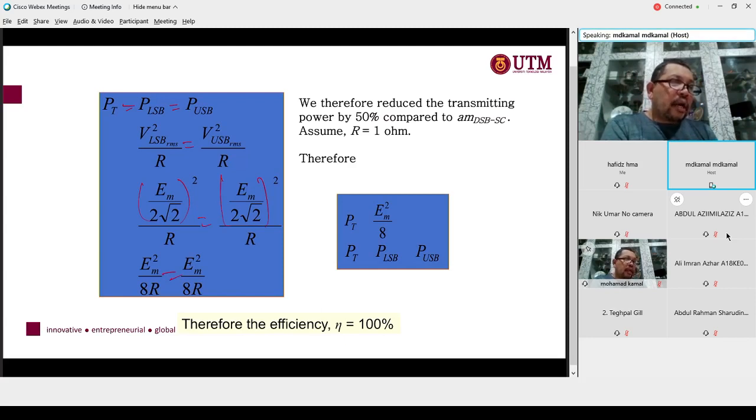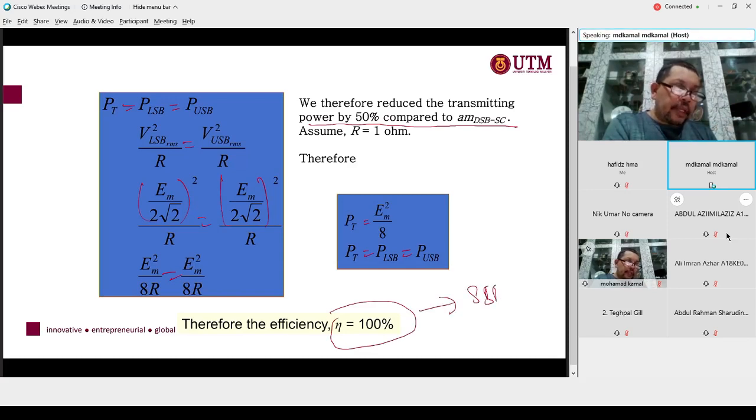Therefore, you see, you reduce the transmitting power by 50% compared to AM DSB SC. Because instead of 100% just now, we reduce it to 50%. Therefore, the power transmitted is equal to EM squared over 8, which is equal to the power in the lower sideband, which is equal to the power in the upper sideband. The efficiency is still 100%.